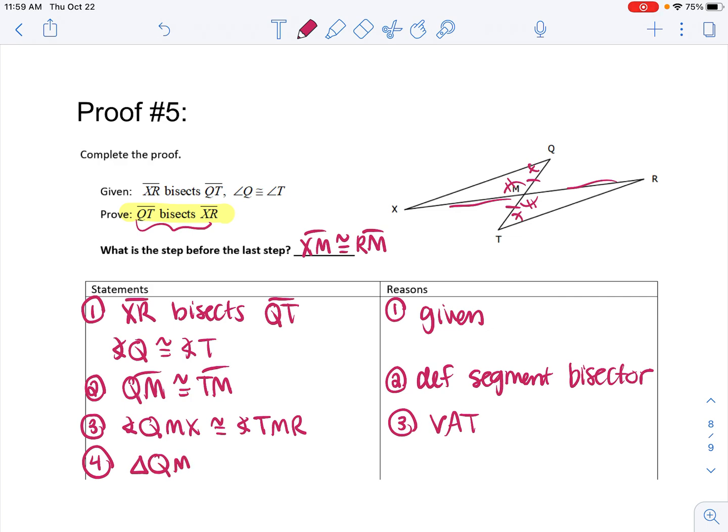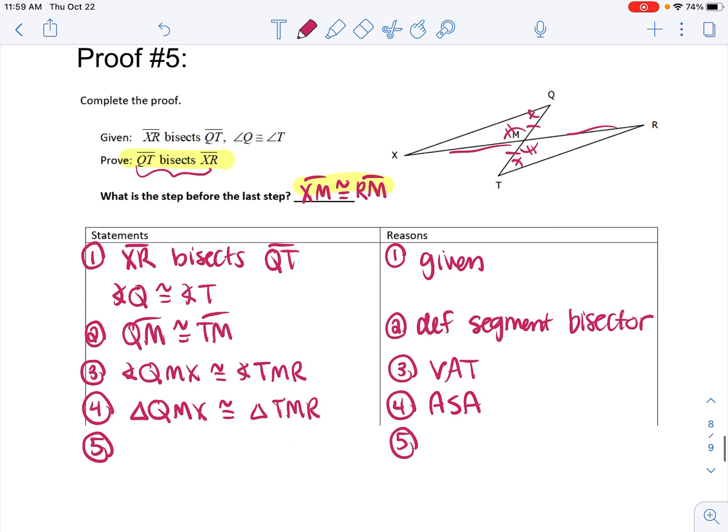So now these triangles are congruent through angle side angle again. And remember, our goal is to prove that these two segments are congruent. And now that we've proven that those triangles are congruent, we can say XM is congruent to RM through CPCTC.